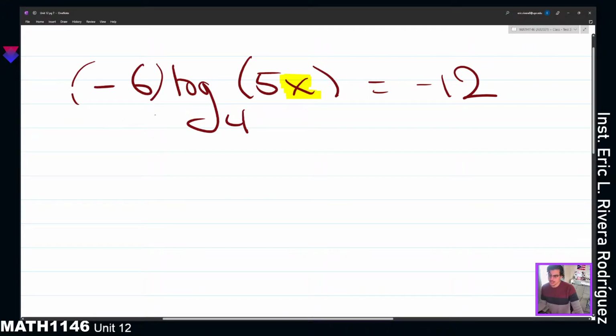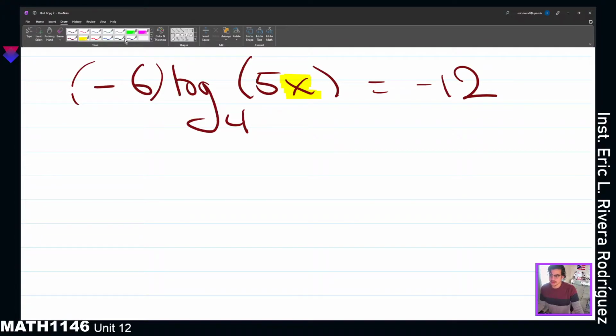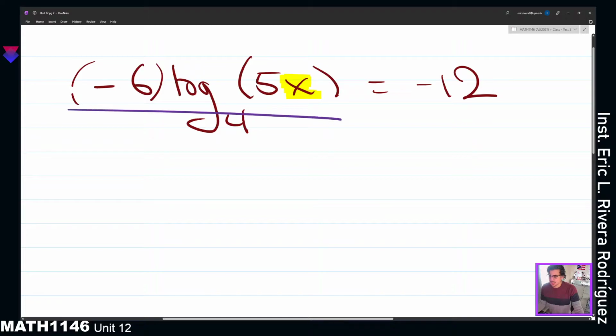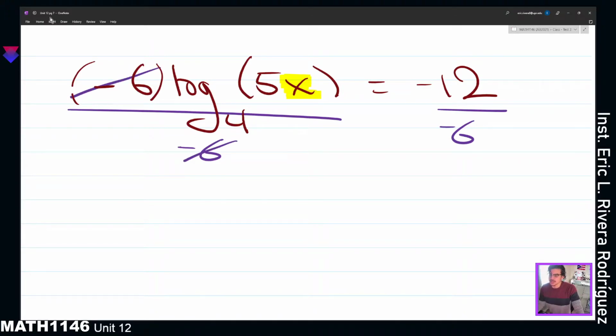What I would suggest to do first is to divide both sides by negative 6. That way you cancel this factor of negative 6.